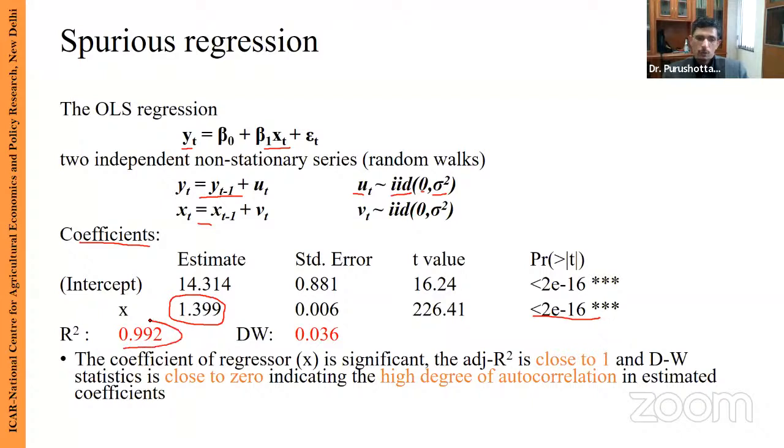R square is close to 1. Durbin-Watson statistic is 0.03, or close to 0. So this shows that there is a high degree of autocorrelation in the estimated model. So this is the case of spurious regression, and one must be cautious while using regression of non-stationary time series in this way.